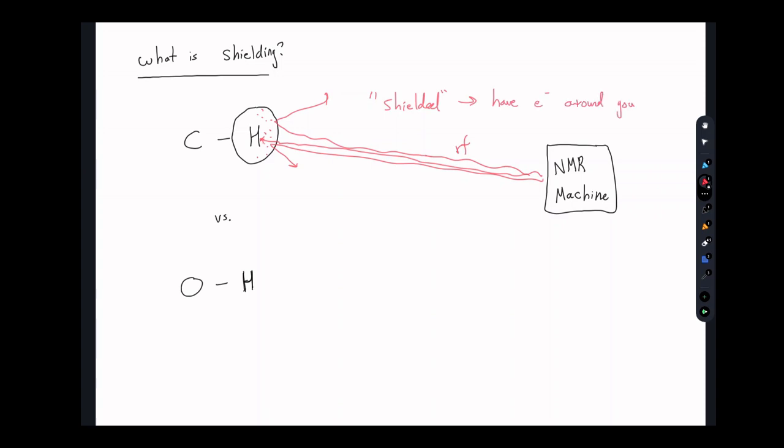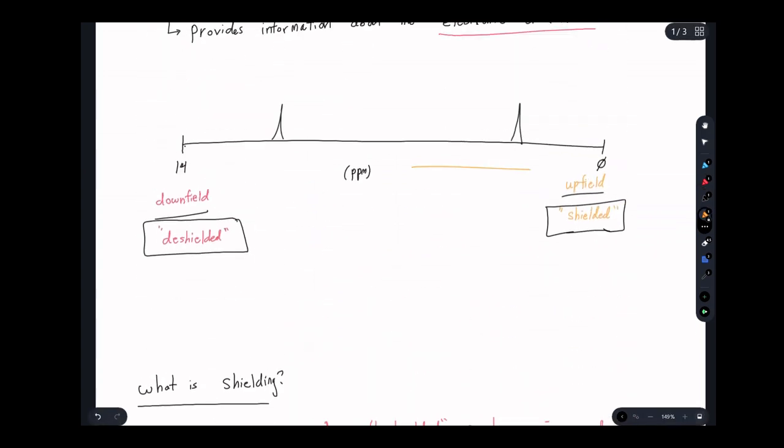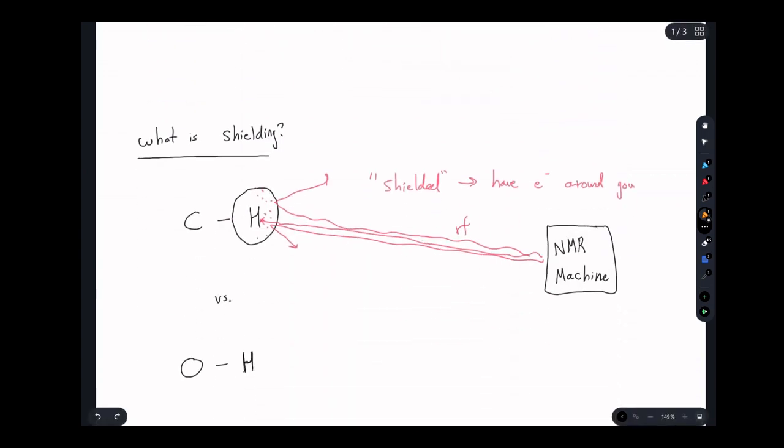If you have, for example, a negative or delta negative charge, that would indicate a lot of electron density in that area, and that would act as a shielding force, something that would shield your hydrogen. Remember that shielding moves your signals to a lower ppm.